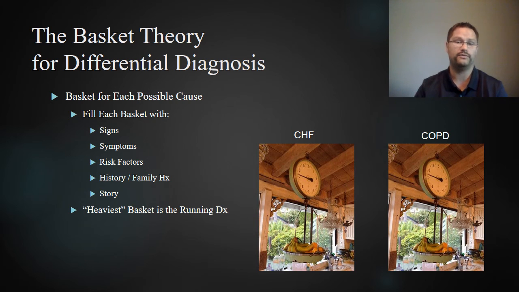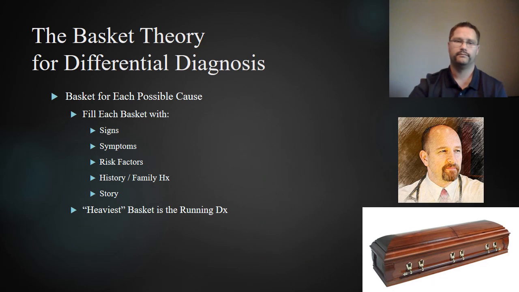A patient who states that the complaint started while they were laying flat or at night, or that they just had a recent high sodium meal, might be a patient who has CHF, while a patient whose symptoms were exacerbated by the humidity or environmental changes or after their last cigarette might lead you towards a COPD patient.